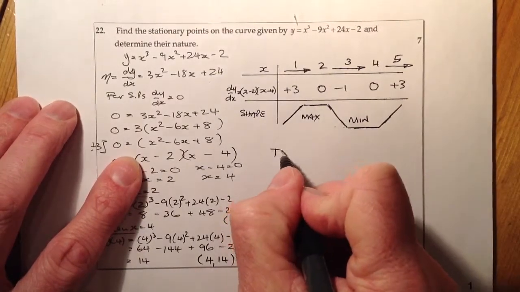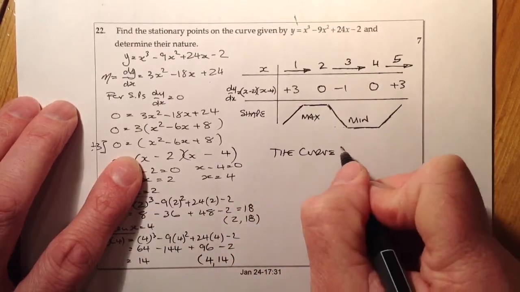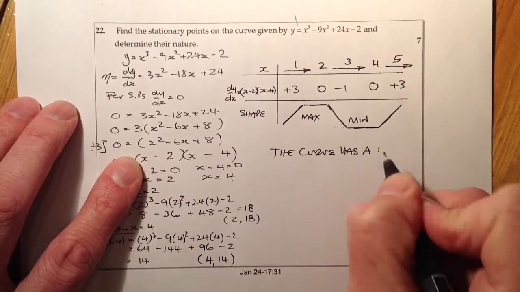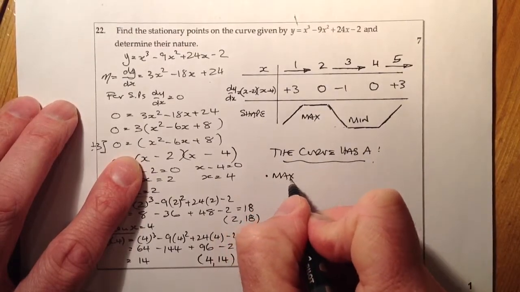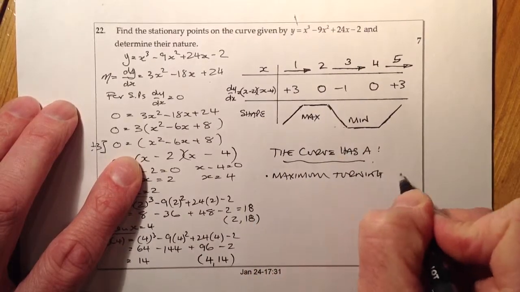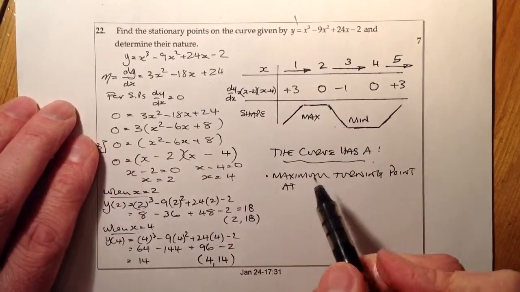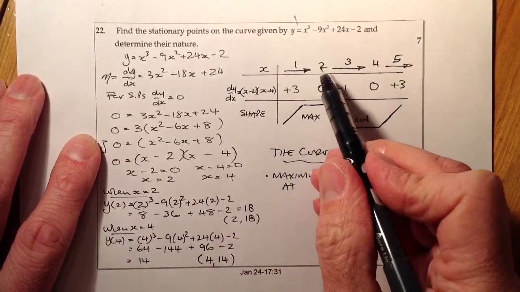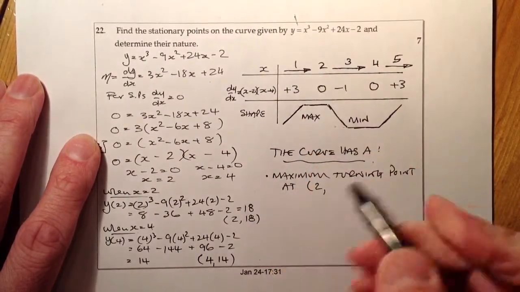Okay, so what I'll do is I'll then make a statement. So I'll just say that the curve has a maximum turning point at, and let's make sure we pick the coordinates correctly. So there's the maximum, so that would be the x coordinate of 2, and the x coordinate of 2 gave me a y coordinate of 18.